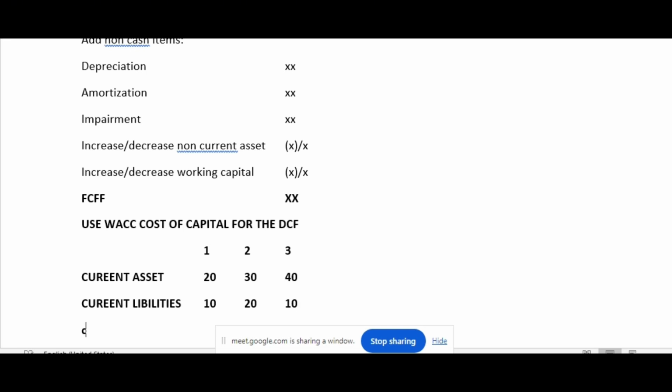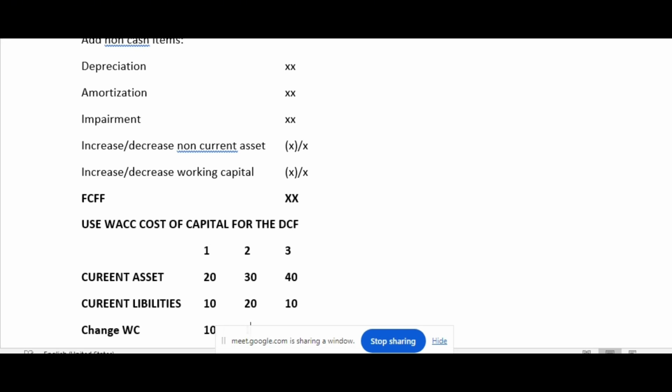Now, what is the change in working capital? The change in working capital, WC, will be what? The difference between the current asset minus current liability. So what is the difference? This is 10, right, class?